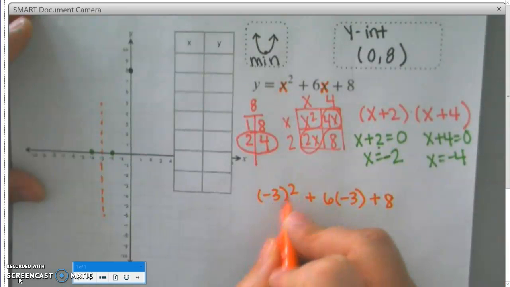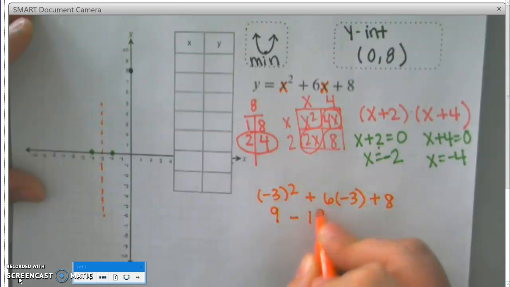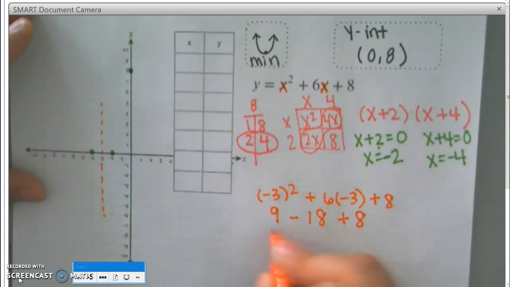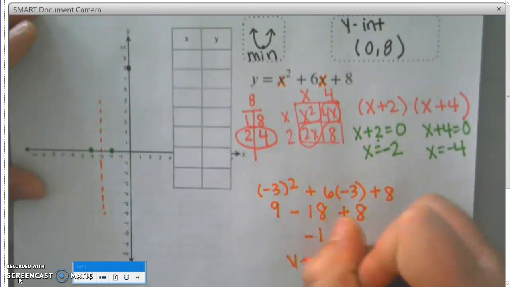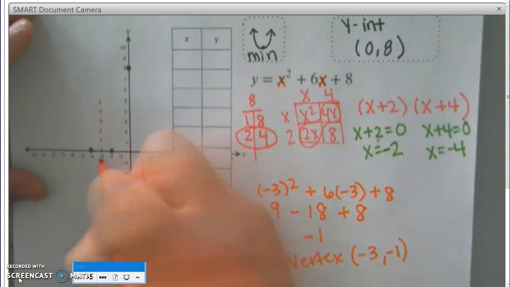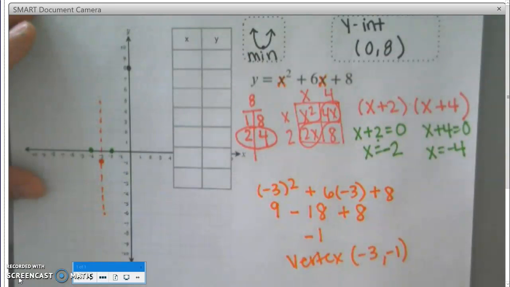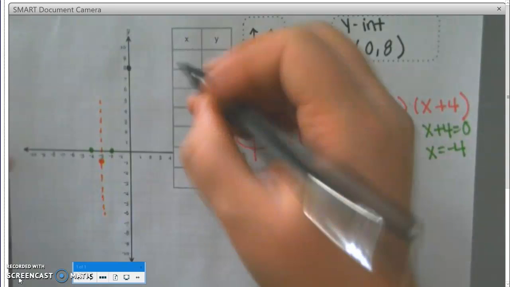Negative 3 times negative 3 is 9. 6 times negative 3 is negative 18 plus 8. When you add that all up, you get negative 1. So that means my vertex is at the point negative 3, negative 1. So negative 3 is the middle of my table.